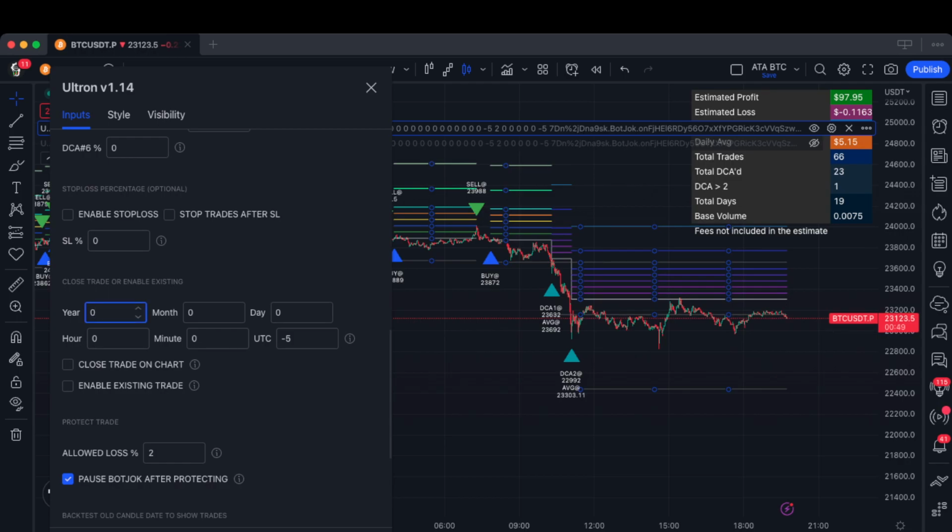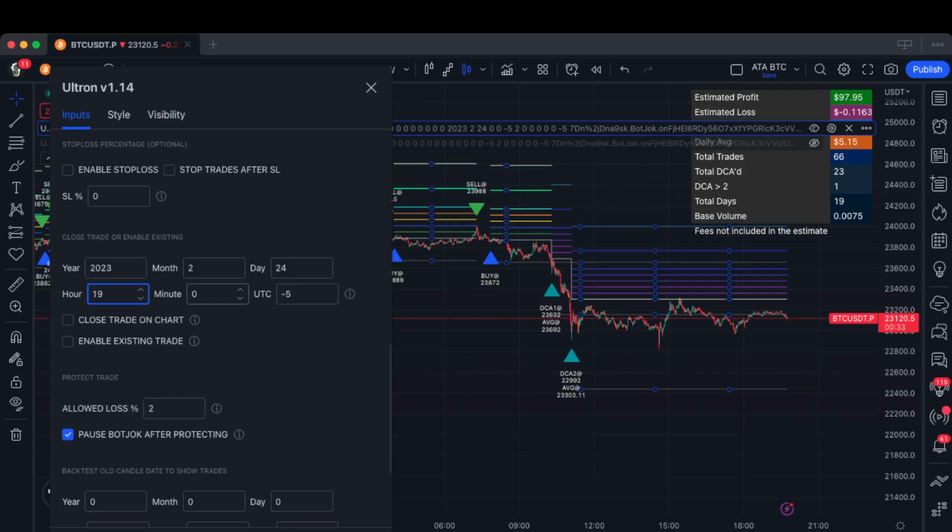So if I were to put in my year, 2023, the date here, which is the 24th, and I put in the hour, let's just say 19:43. We'll go a minute back and I hit close trade on chart. Remember, this is just for when you want to close it. These execute, and you can see here I got a clear yellow.